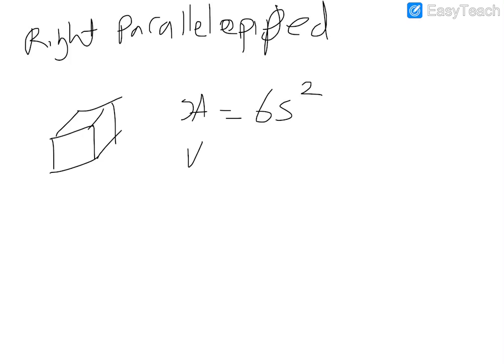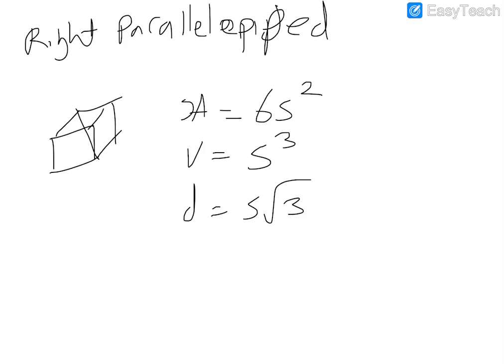Volume is equal to side cubed. And incidentally, a diagonal, from one vertex to the opposite vertex, I'll call it d, is equal to s times square root of 3. You can prove that using Pythagoras.